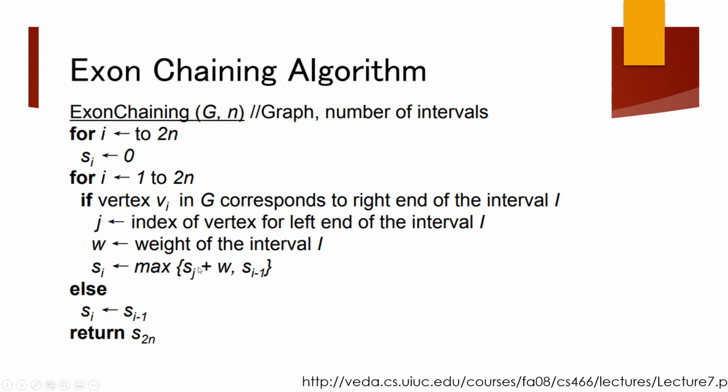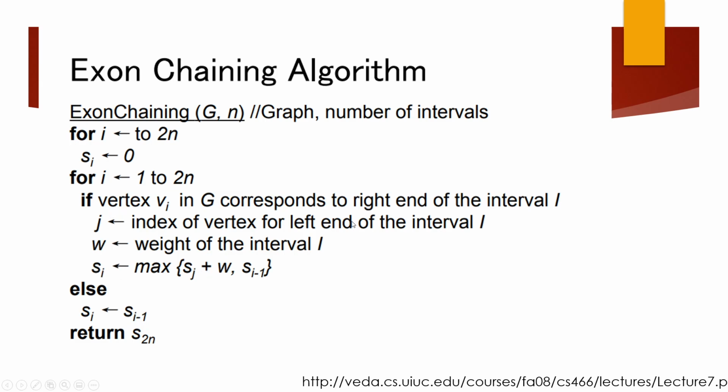You figure out what the beginning point of that arrow is, and then whatever its current maximum, or S(j), value is, you add the weight of the arrow that is pointing towards you. So this is one possibility. The other is S(i minus 1). So the max of both of those would be put into this.